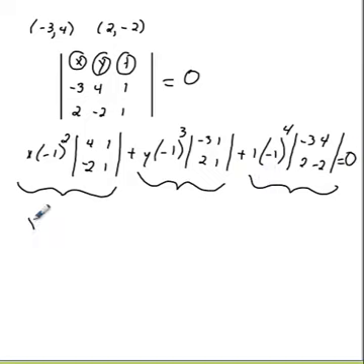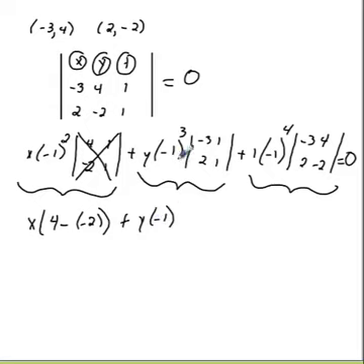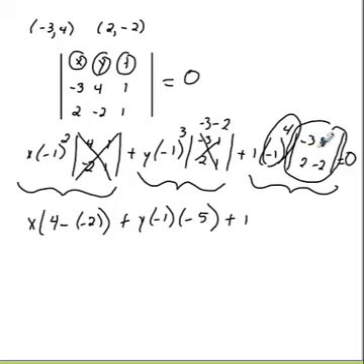So I have x times -1 squared, which is +1, times 4 times 1 is 4, minus -2 times 1. 4 minus -2, that is the determinant for that little minor, plus y times a -1. -1 cubed is -1, and then over here I do -3 times 1, -3 minus 2 times 1 is 2, that's a -5, plus 1 times, this is a +1, times the determinant right here, which I get is -3 times -2, 6, minus 2 times 4 is 8, times -2, equals 0.